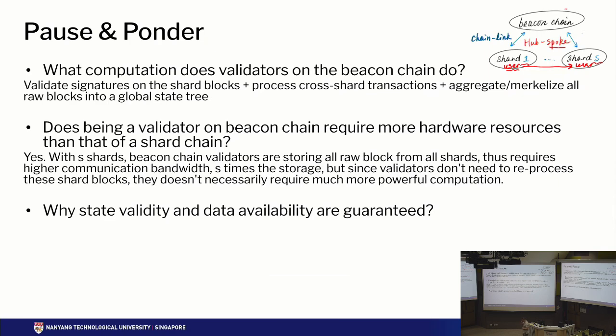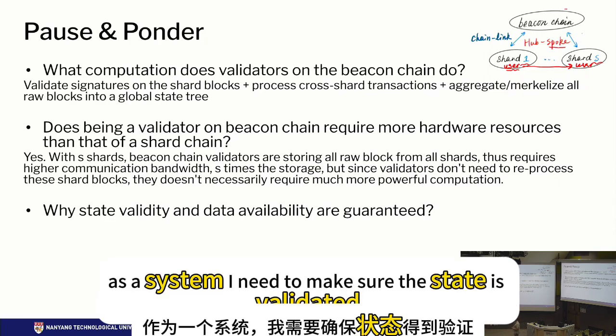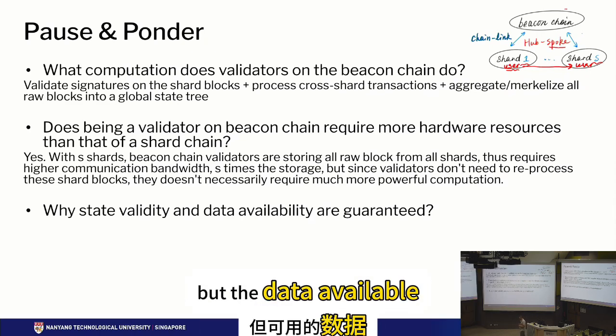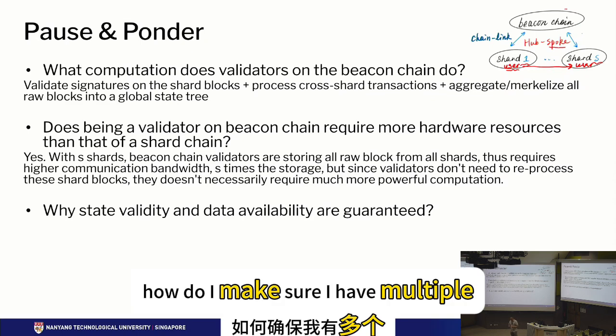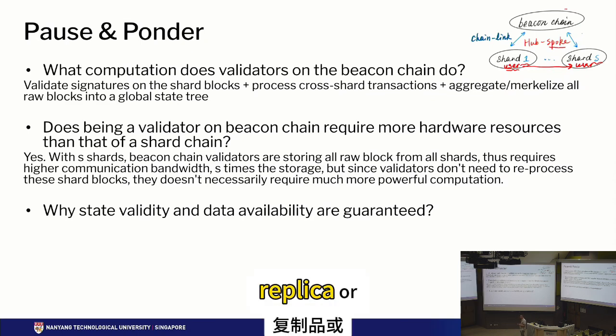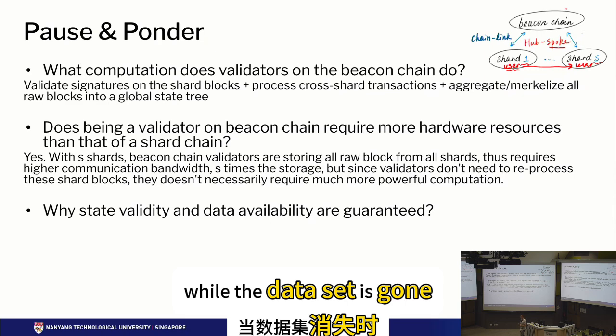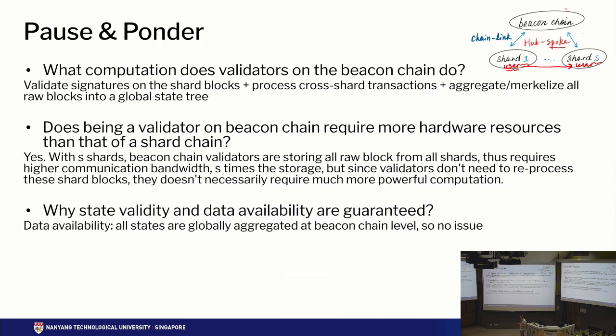Because as a system, I need to make sure the state is validated, right? So that part I talk about it. But the data available, how do I make sure I have multiple replicas of the data available when one of the data sets is gone, right?